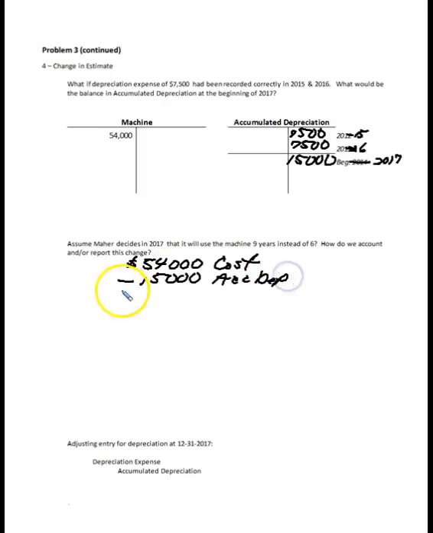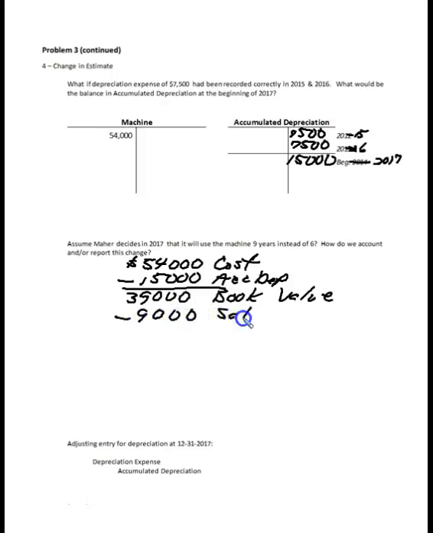And so I'm going to start with the book value. So our book value of this machine, right, the accounting book value, cost less accumulated depreciation, is $39,000. Salvage, our estimated salvage value has not changed, so we still expect to sell it for $9,000 when we're finished with it.